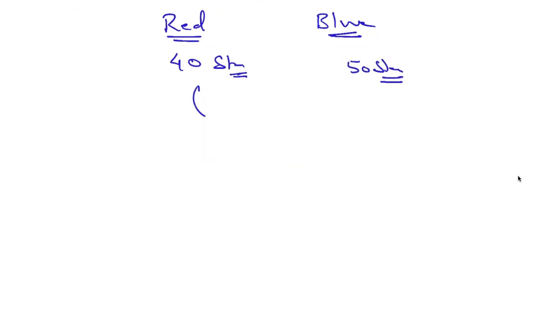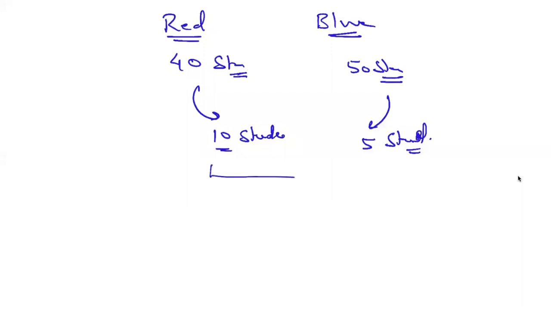We have to select 10 students from this group, and we have to select 5 students in this group. In how many ways can we select the total of 15 students in this group?